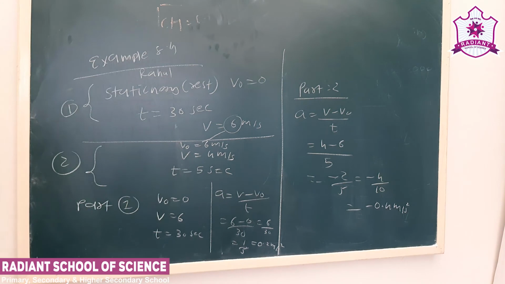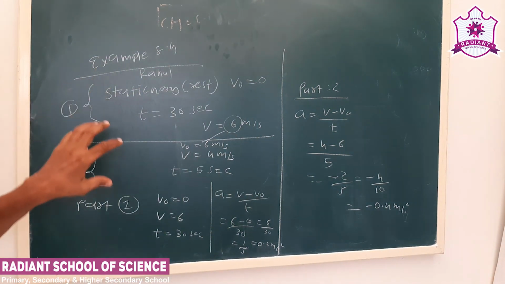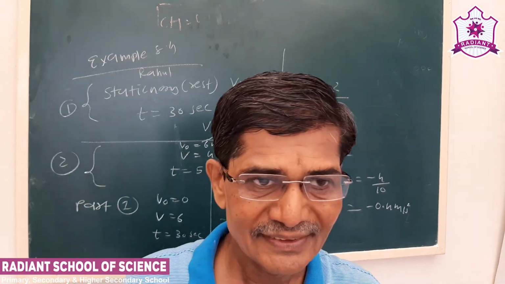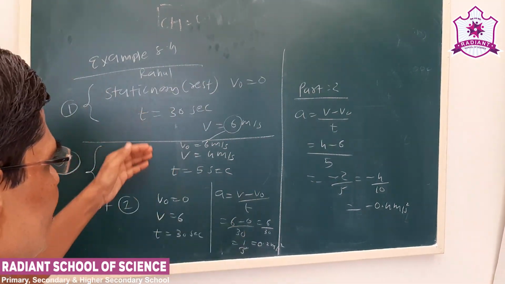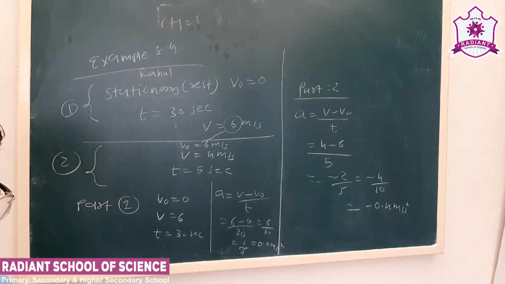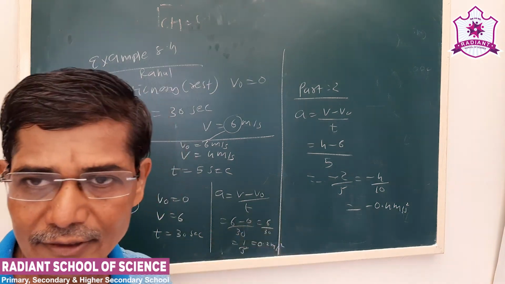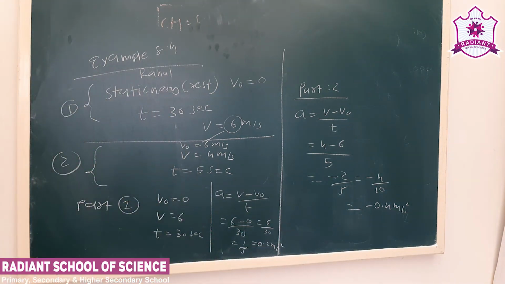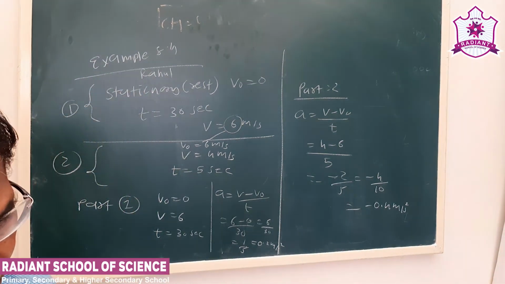It will be very interesting for you to calculate the distance covered in the first part and the distance covered in the second part. I give you this as practice. Try to calculate the total distance traveled during these two parts. Next time I will solve this, the distance traveled during this. Very interesting one. Okay. Thank you.